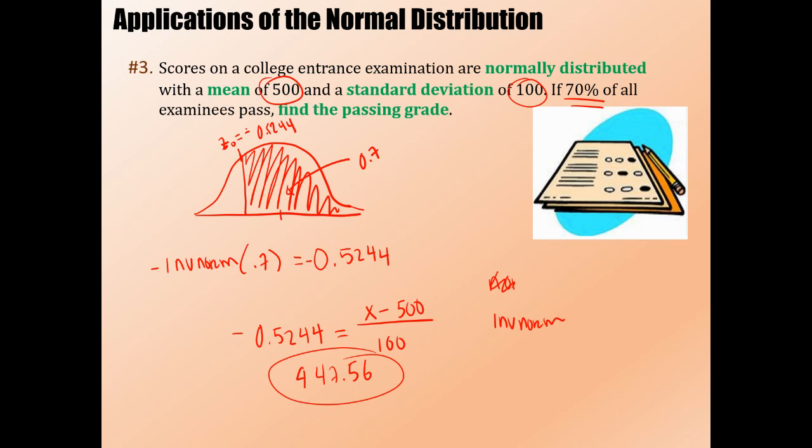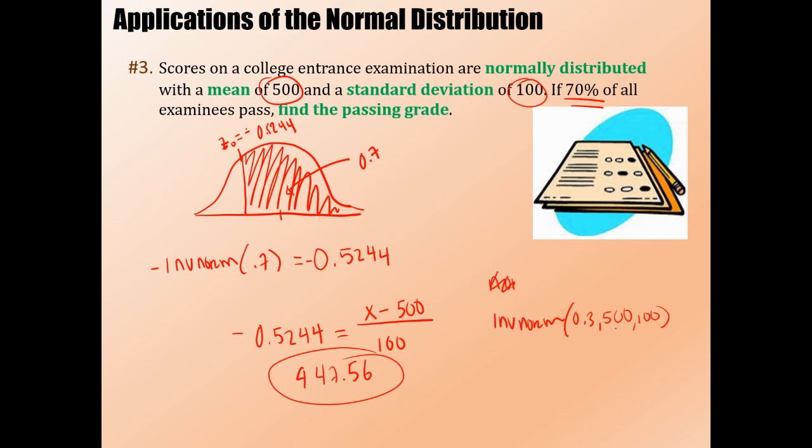But I would probably want to use not the 0.7, because it's going to be left-tailed, but the 0.3. And then I could actually type in the 500 and 100. Again, this doesn't demonstrate the same level of understanding of what's happening, but it is good to know that you can do this as well.